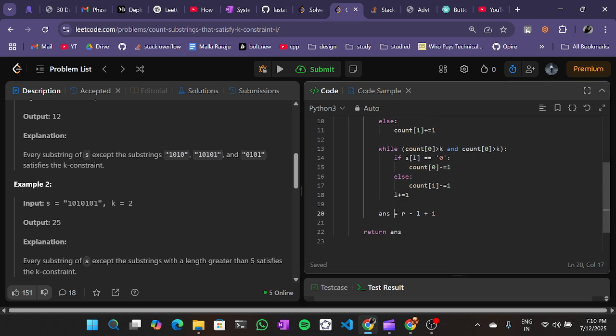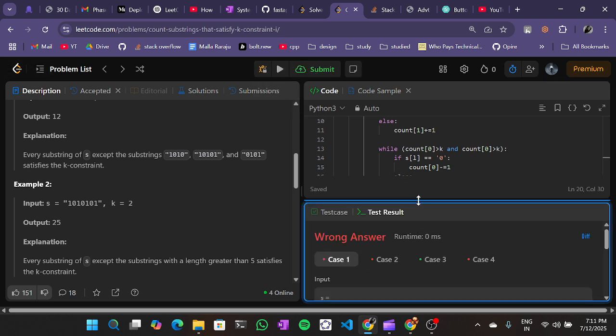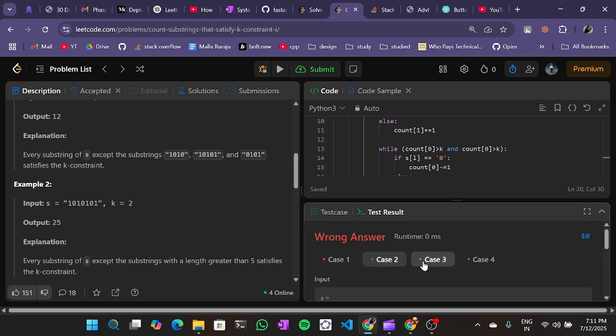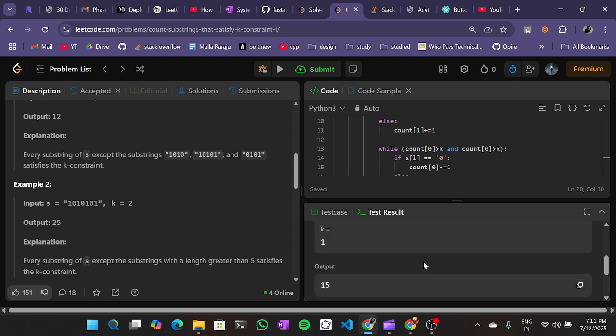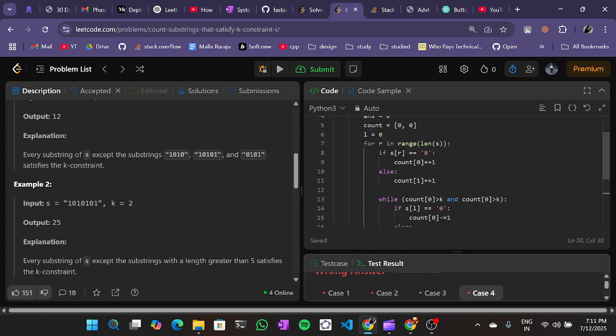Okay, we are not adding it. We are just assigning a value to the answer, so let's not check it. We are off by one value for adding.